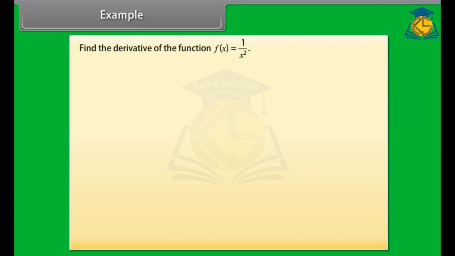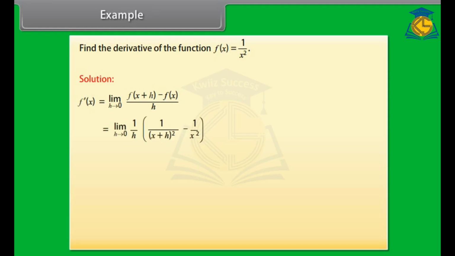Find the derivative of the function f(x) is equal to 1 upon x square. Solution. We have limit h tends to 0 of the difference between f of x plus h and f of x divided by h, which is equal to limit h tends to 0 of 1 by (x plus h) whole square minus 1 by x square, divided by h.